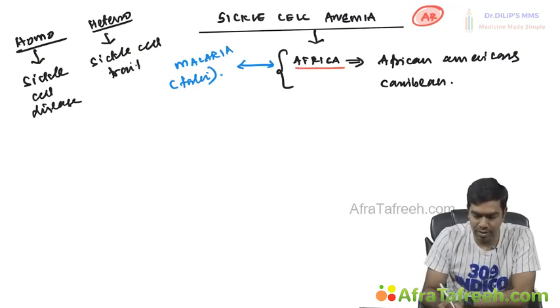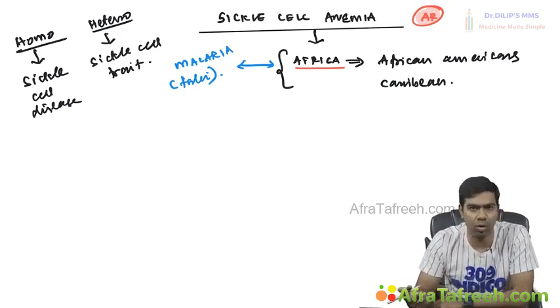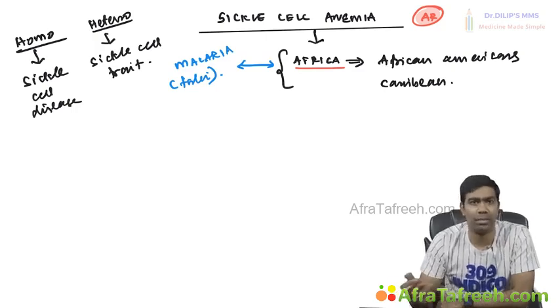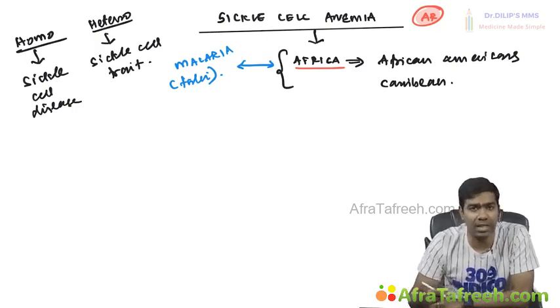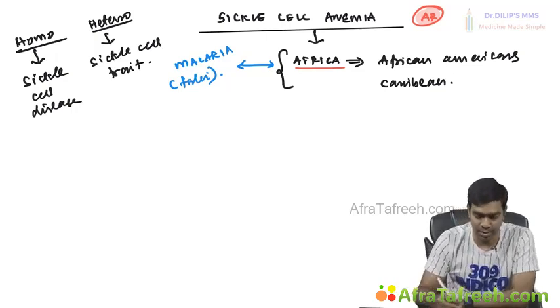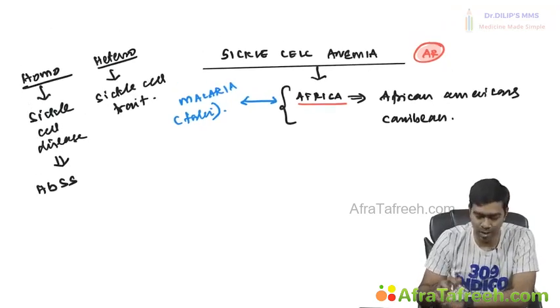Sickle cell trait. So for example, you know very well that you have two beta globin genes. If only one beta globin gene is affected with this sickle cell mutation, it is called heterozygous. If both the beta globin genes are affected by the sickle cell mutation, we call it homozygous. So I can write this as HbSS. Why? Because the normal hemoglobin is HbAA. You know that.